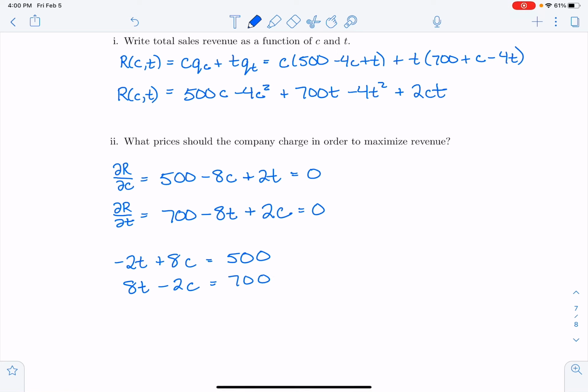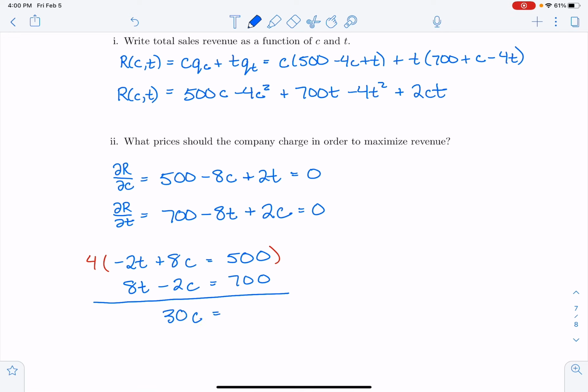I want to solve these two equations with two unknowns, T and C. I'm going to multiply the top equation by 4 and then add up these equations. That way I get minus 8T plus 8T gives me 0, then 32C minus 2C gives me 30C, and 2,000 plus 700.